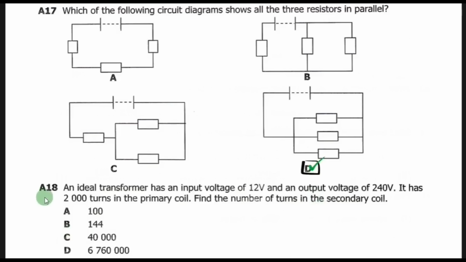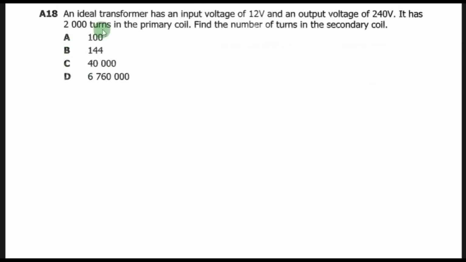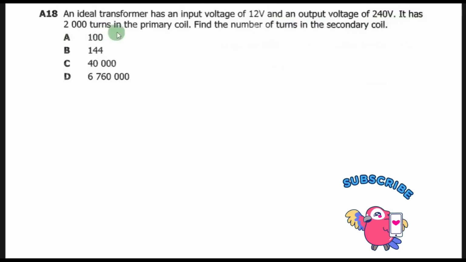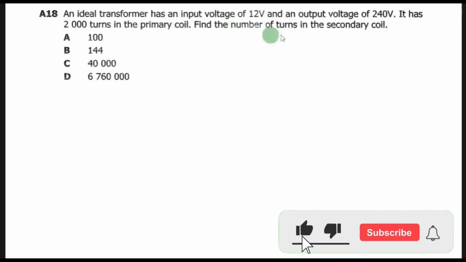Then in A18, let me push it up. A18 reads: an ideal transformer has an input voltage of 12 volts and an output voltage of 240 volts. It has 2000 turns in the primary coil. Find the number of turns in the secondary coil.